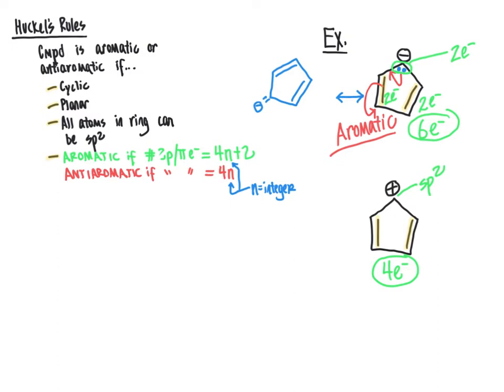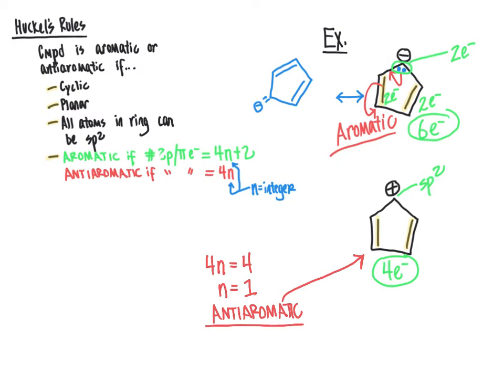So with 4 electrons, we match up with either the criteria for being aromatic or anti-aromatic using the formulas here, where if we take 4n, that's the criteria for being anti-aromatic, and set it equal to 4, n will solve by algebra to be equal to 1, which is an integer, meaning that the structure is anti-aromatic. And any molecule that has 4 electrons in those 2p orbitals is going to be anti-aromatic. So therefore, this compound is indeed anti-aromatic.